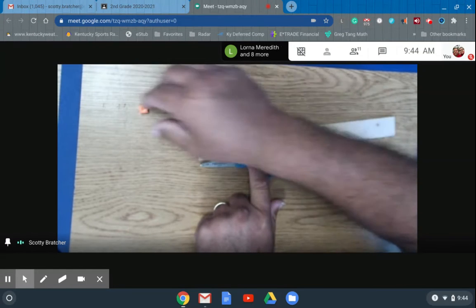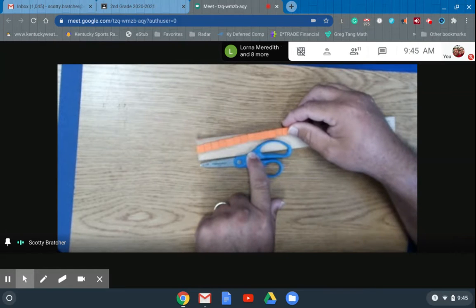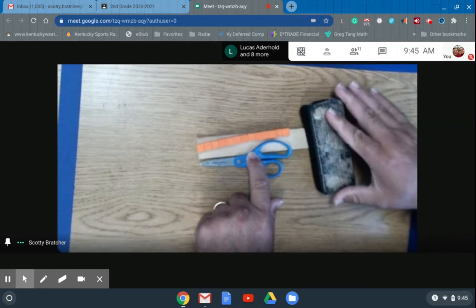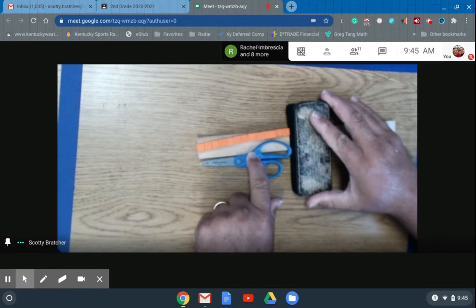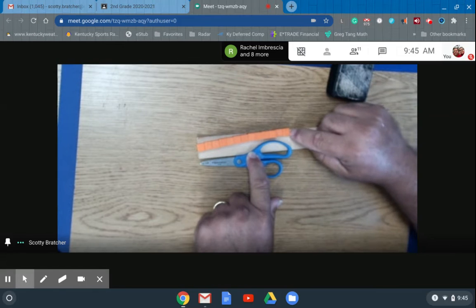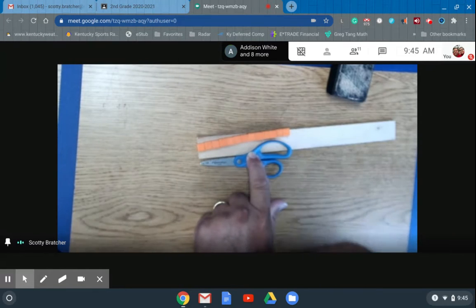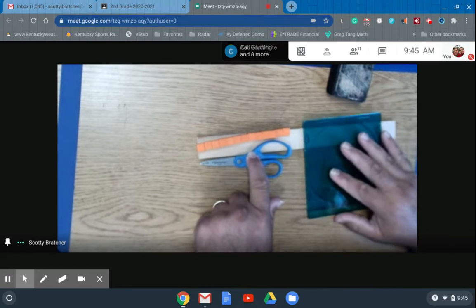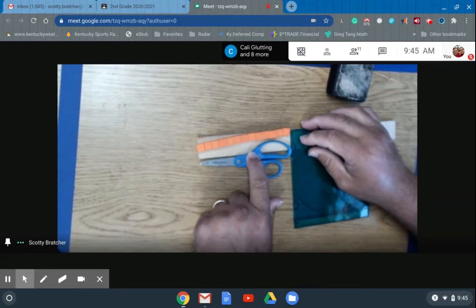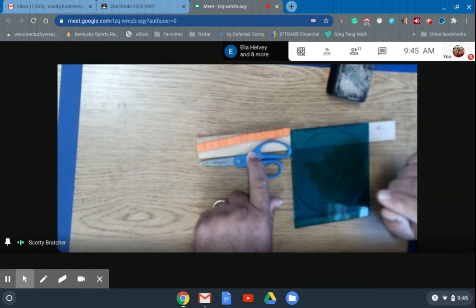Some more. Wow, scissors are long, aren't they? And let's see here. There's a little bitty gap right there. When I hold something else up there, let me get this. I'm going to hold it right here. All right, there's a little bitty gap there. But it's not big enough for another one, is it?